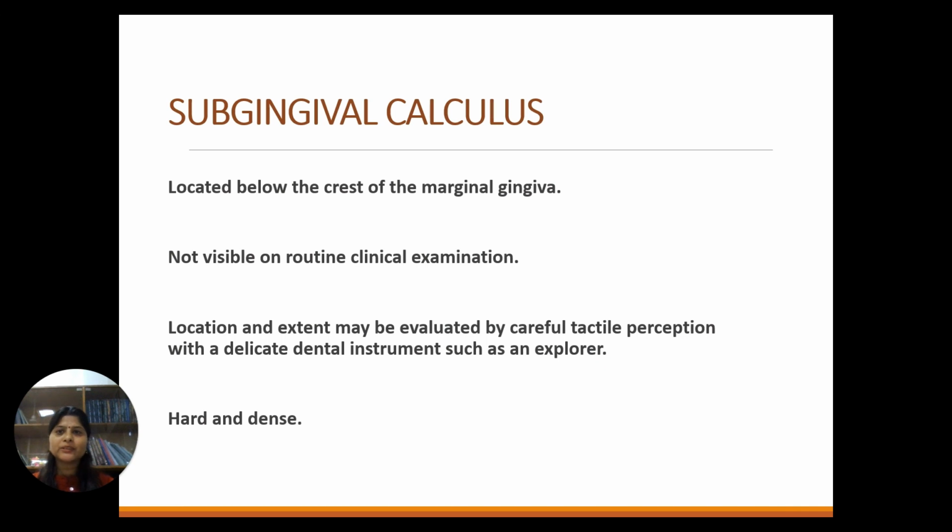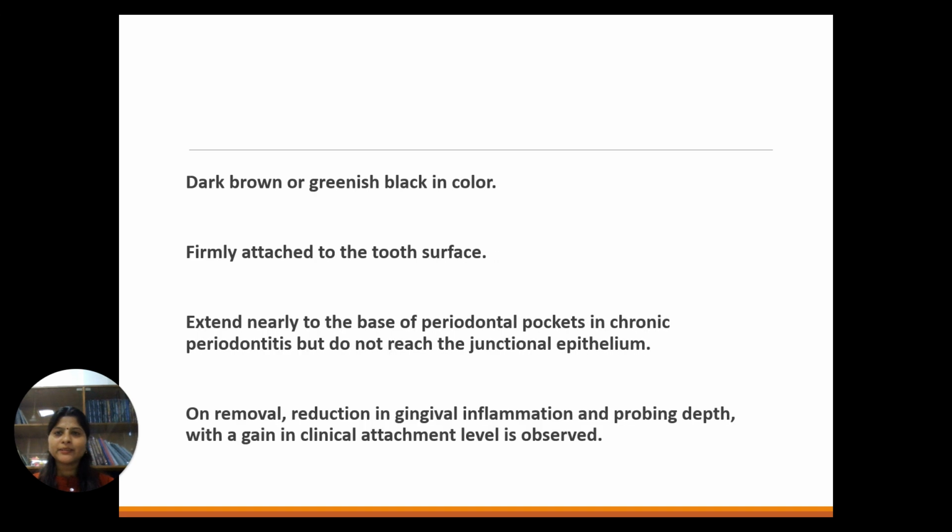Subgingival calculus is located below the crest of the gingival margin and is not visible routinely on clinical examination. It can be evaluated using the explorer, with tactile perception. Subgingival calculus is mainly hard and dense, dark brown to green-black in color, and firmly attached.